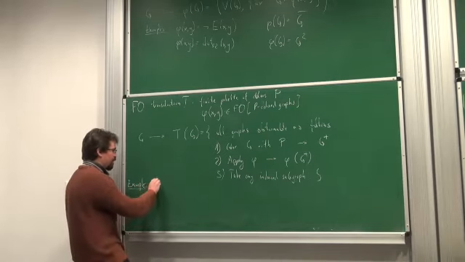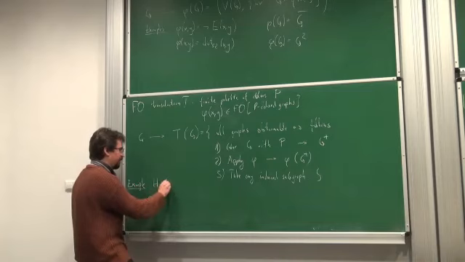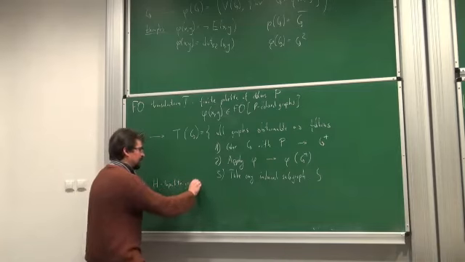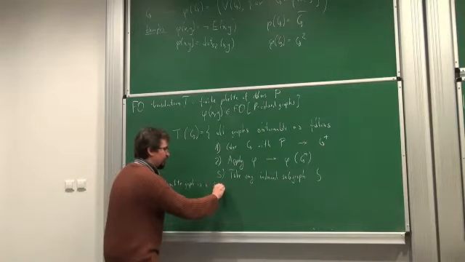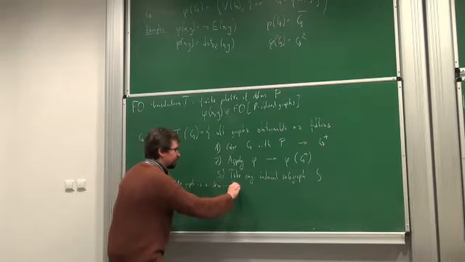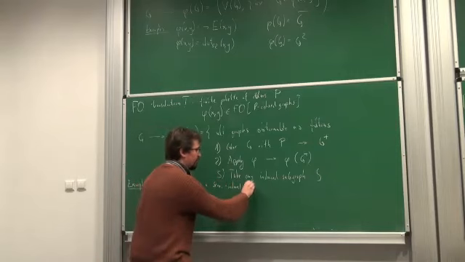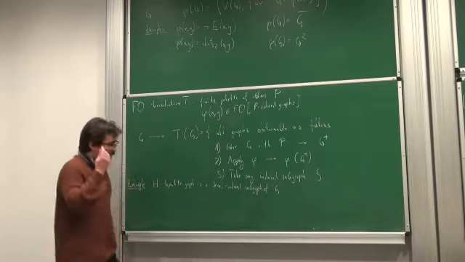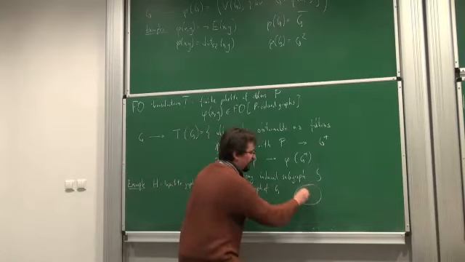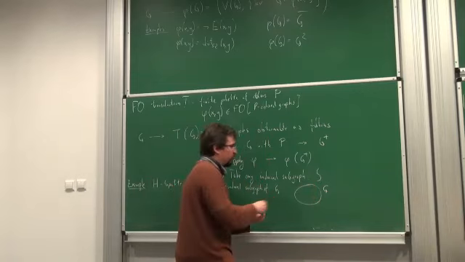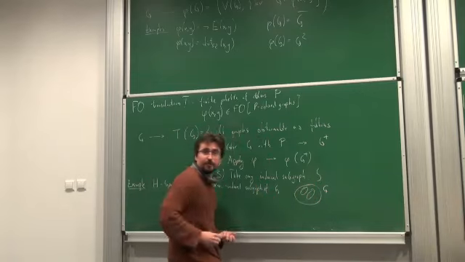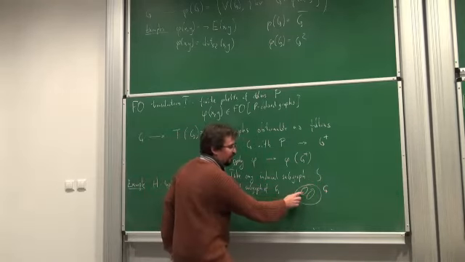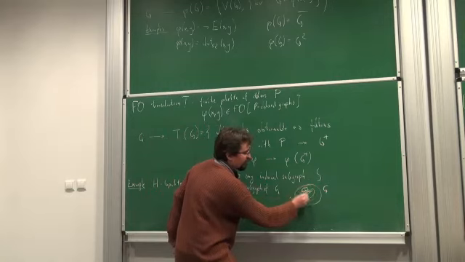I will say that H is a semi-induced bipartite subgraph of G if the following holds: if I can take G, find two disjoint subsets of vertices, and the semi-induced subgraph induced by those two is the bipartite graph consisting of all the edges in between.